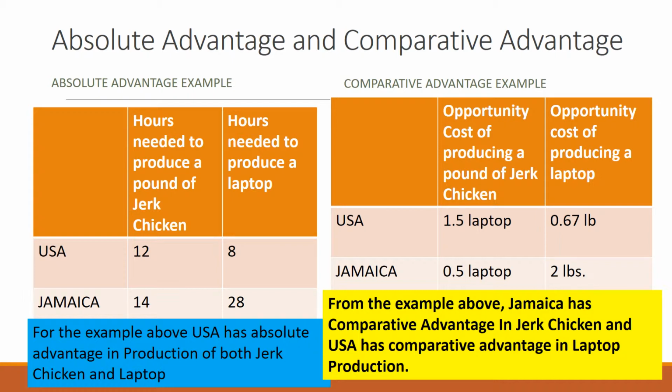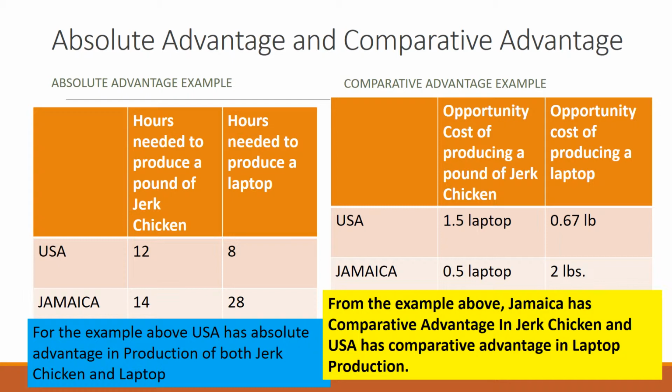On the other hand, if Jamaica can produce the same amount of jerk chicken using 14 labor hours, then we would say US has absolute advantage in jerk chicken production because US is requiring fewer labor hours to produce the same amount of jerk chicken that Jamaica is producing.